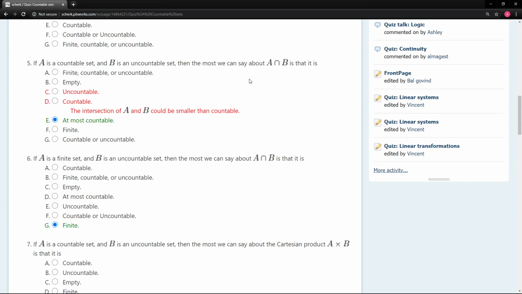Or even more so, if 0 and 1 were not included, the intersection would have been the empty set, which is also finite. But at most, it's uncountable: intersect R with N, you get N, which is countable. At most it's going to be countable. But with finite, it's definitely just going to be finite.